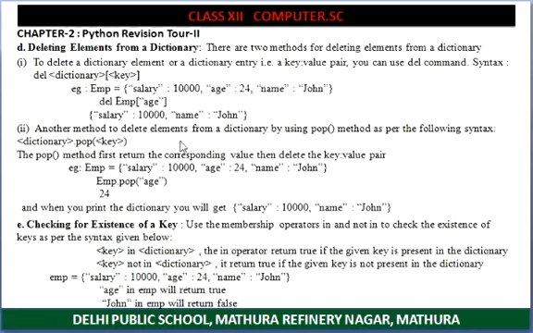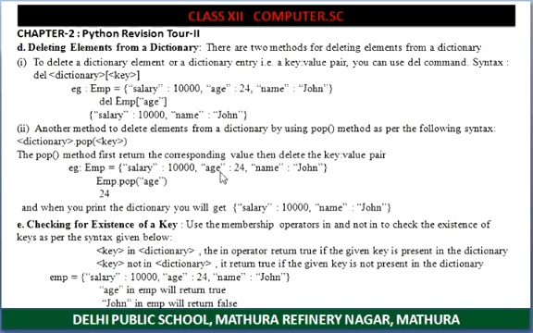Another method to delete an element from a dictionary is by using the pop method as per the syntax given below, dictionary.pop(key). This method returns the value, then deletes the key value pair. Here EMP is a dictionary, salary 10,000, age 24, name John.